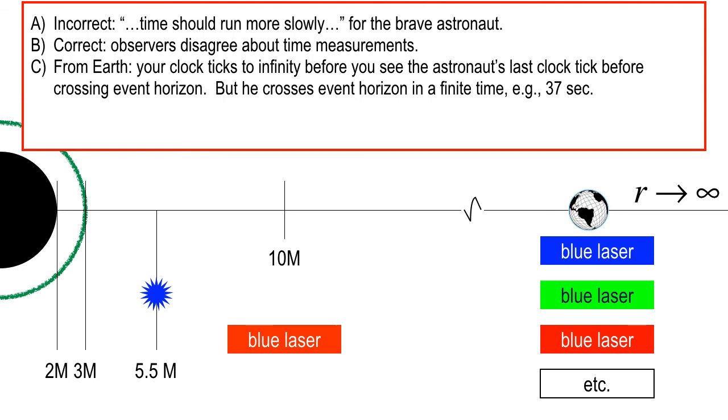The distance measurements and the time measurements disagree depending on the state of motion of the observer. Let me repeat that. The time measurements and the distance measurements disagree depending on the relative state of motion of the two observers, or the relative curvature in which the two observers find themselves.